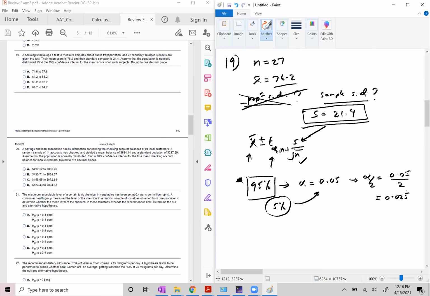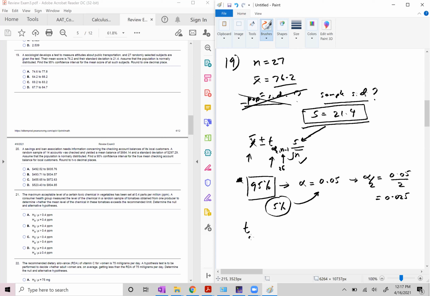Remember, the degrees of freedom is always n minus 1 for these questions. That means sample size minus 1. So we have a sample size of 27, so degrees of freedom is that minus 1, which is 26. Now we look in the t table for this value.